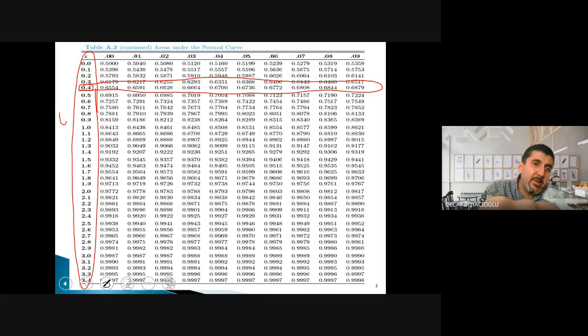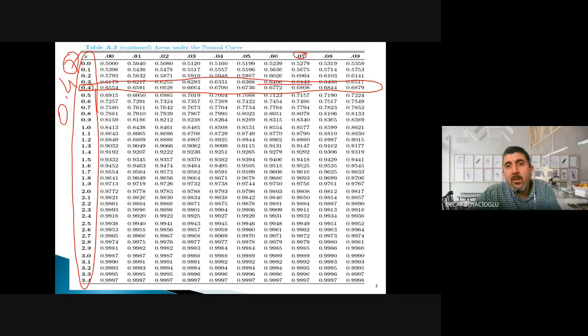Let me write it here again, 0.47. So how do I get this 7? Just subtract 0.4 from 0.47. What do you have? 0.07. Here it is 0.01, 0.02, all the way here, 0.07, okay?